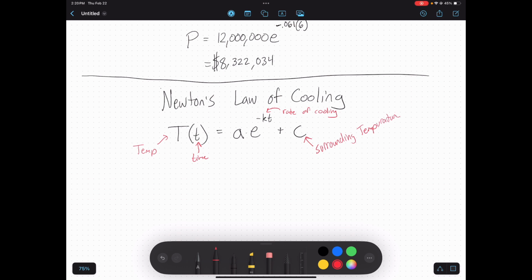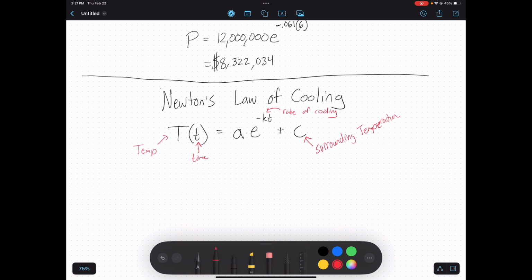And it turns out I could actually stop right here if I wanted to, because you can actually solve for A in any problem that I give to you. But A actually does mean something as well. If your object starts at a certain temperature, A is going to represent how much hotter your object is than the surrounding temperature, right?